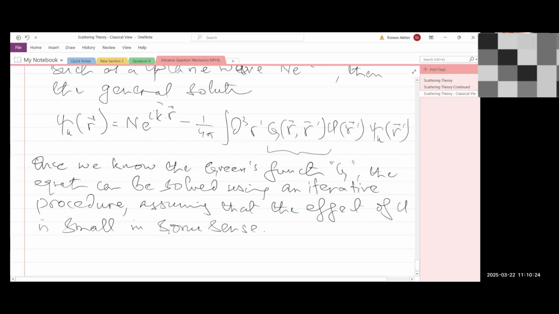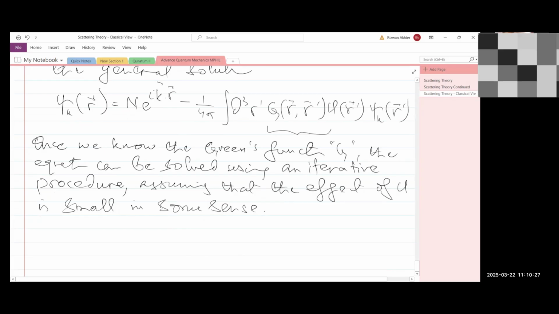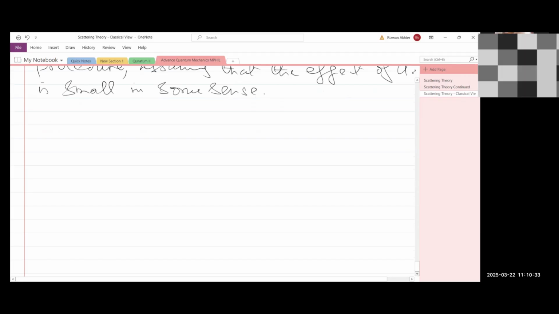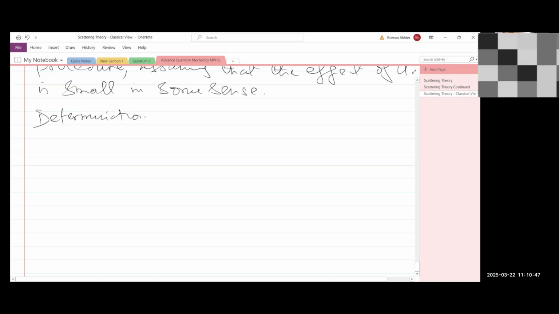Okay, now let's determine this g, because we said that if we know the Green's function g, then we can basically use an iterative procedure to find the solution of this differential equation, that is, to find psi k of r. So now, first of all, the determination of Green's function, and for what?